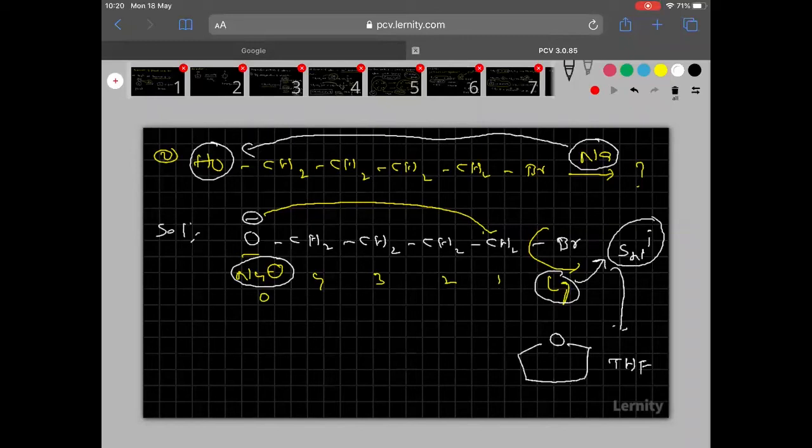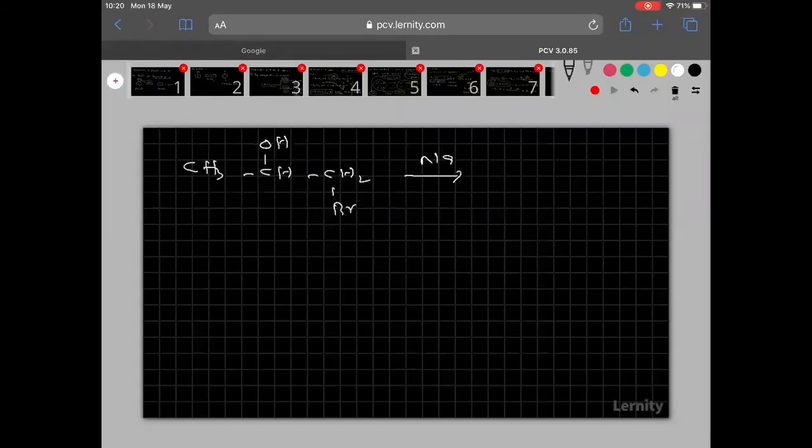Now you try this one, same like the previous one. Completed. I hope you are able to understand this one.